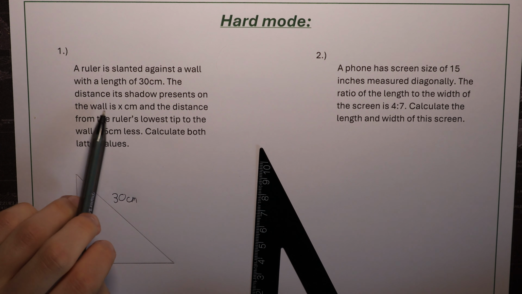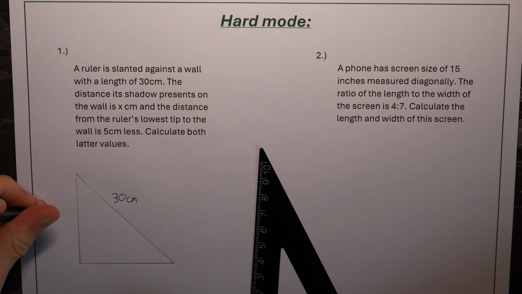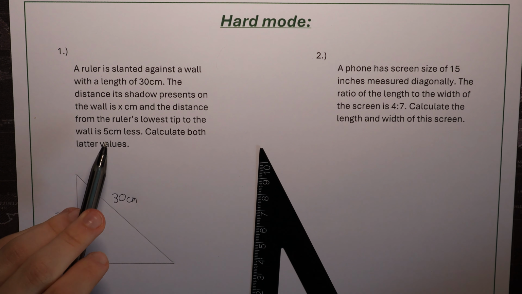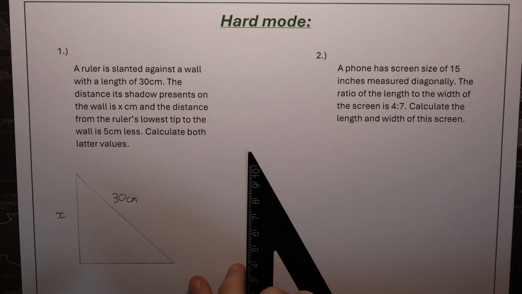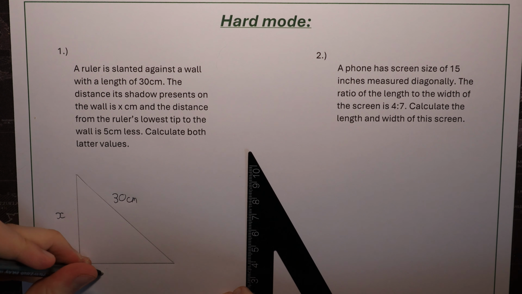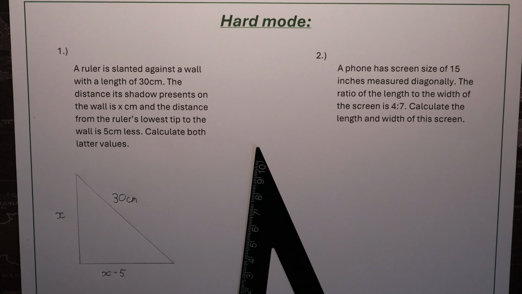Now we know that the wall has a length of x, and we know that the base, the distance from the lowest tip to the wall, is 5 centimeters less than x, so it's x minus 5.